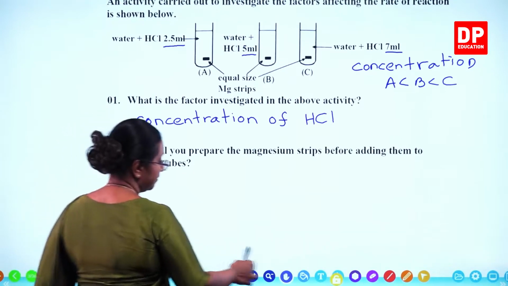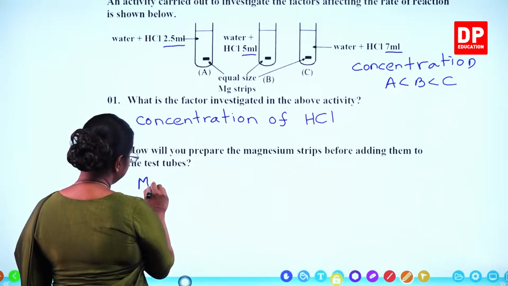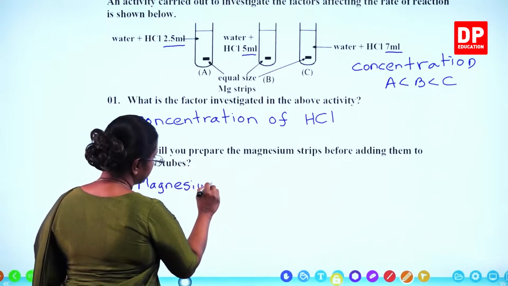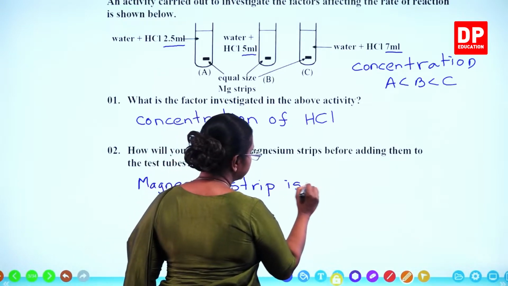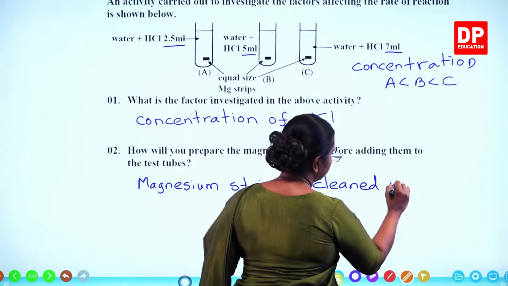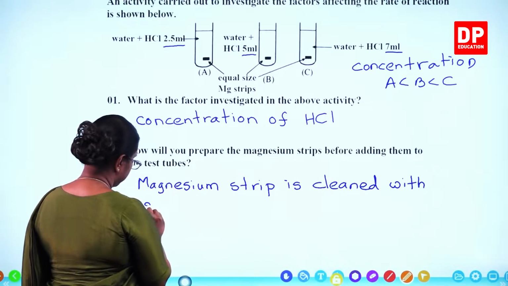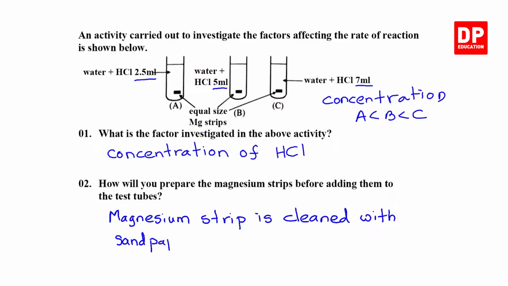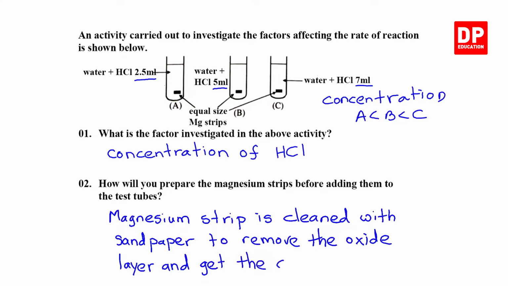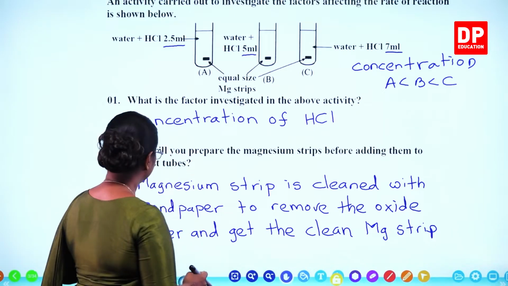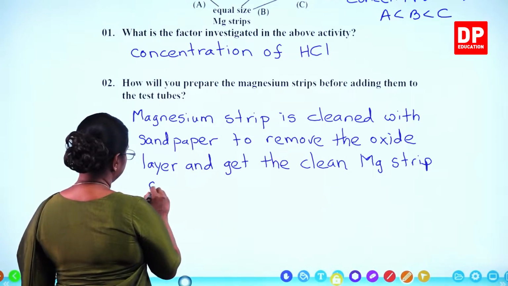So here we can say, magnesium strip is cleaned with sandpaper to remove the oxide layer and get the clean magnesium strip for the reaction.